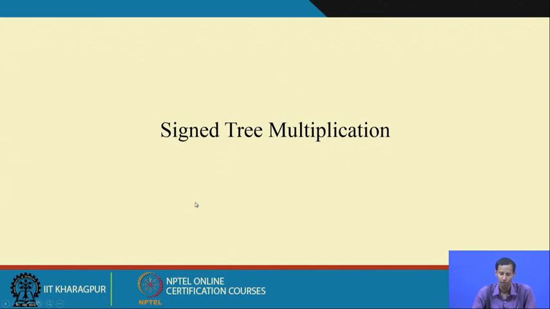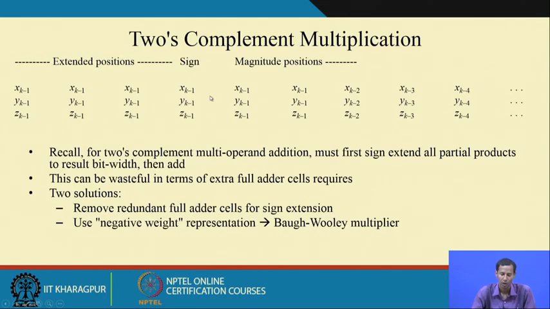If we consider sign multiplication, how can we do this? This is the sign position and this is the magnitude position. Now, whatever the sign value is, it has been extended to the corresponding width of the final result, or the width of the product.